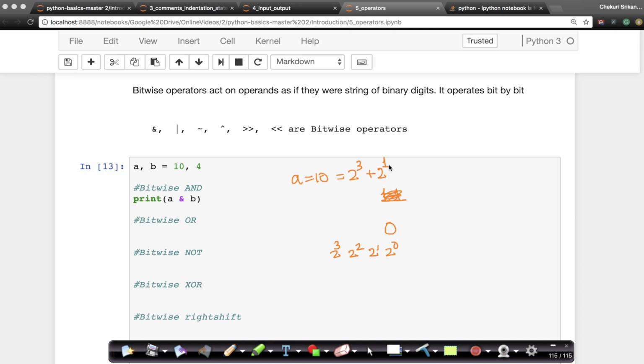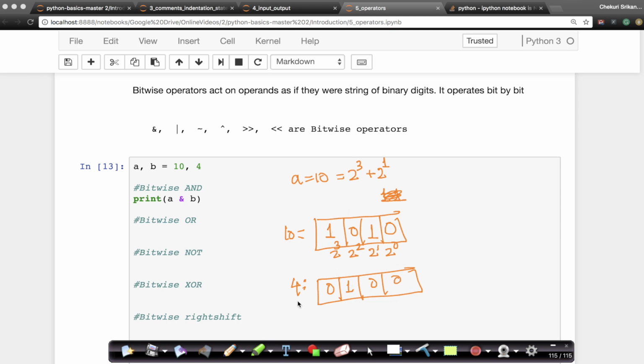So 0 here because there is no value here, 1 here, 0 here, and 1 here. This is the binary representation of 10, right? What about 4? 4 can be represented as 0, 1, 0, 0 because 2 power 2 is 4, right? So this is how you represent it.